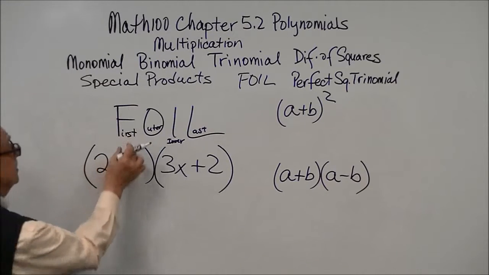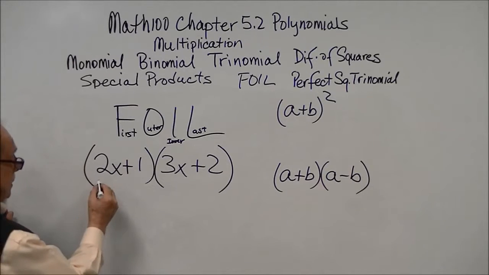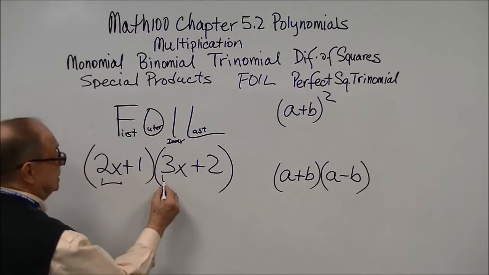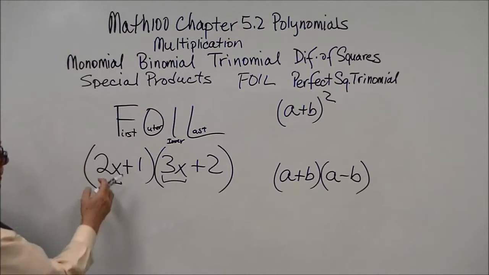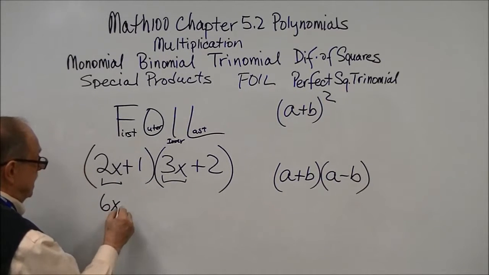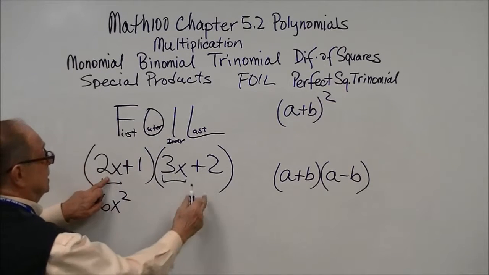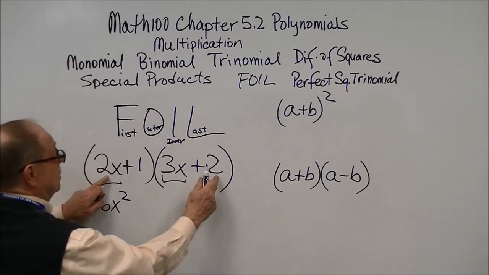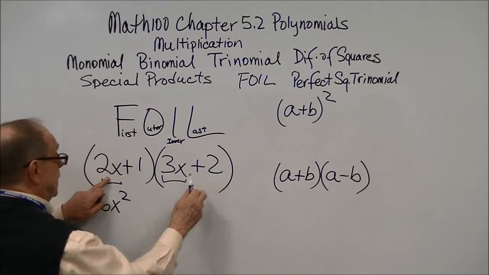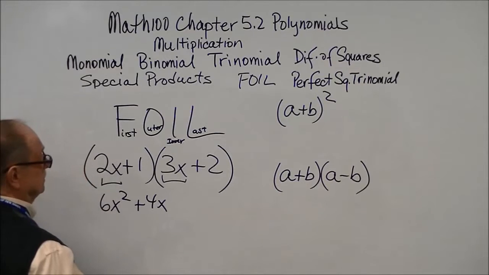So first terms, and now what are the first terms in a typical binomial? Well, this would be a first term, and this is the first term. So we multiply these together, and that gives us 6x squared. Then the outers would be this one and this one. We multiply those together, and we get a positive 4x.